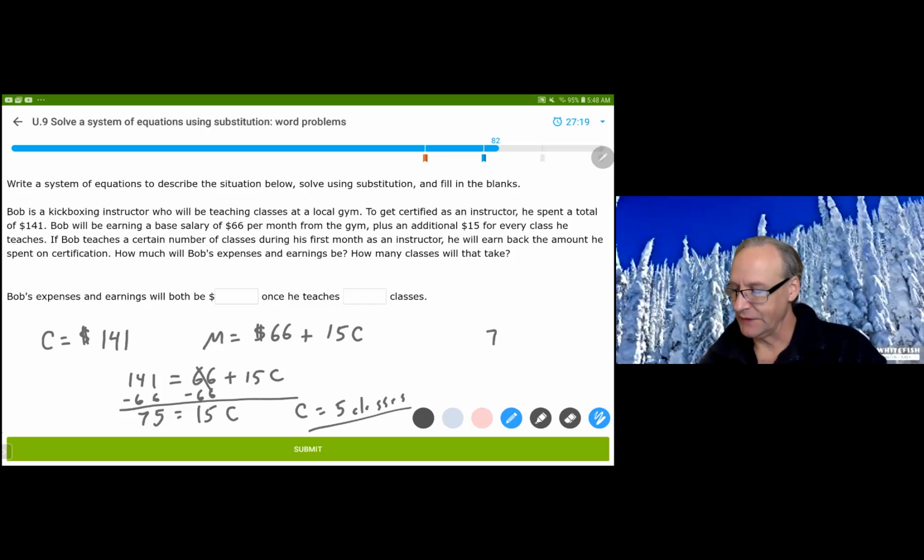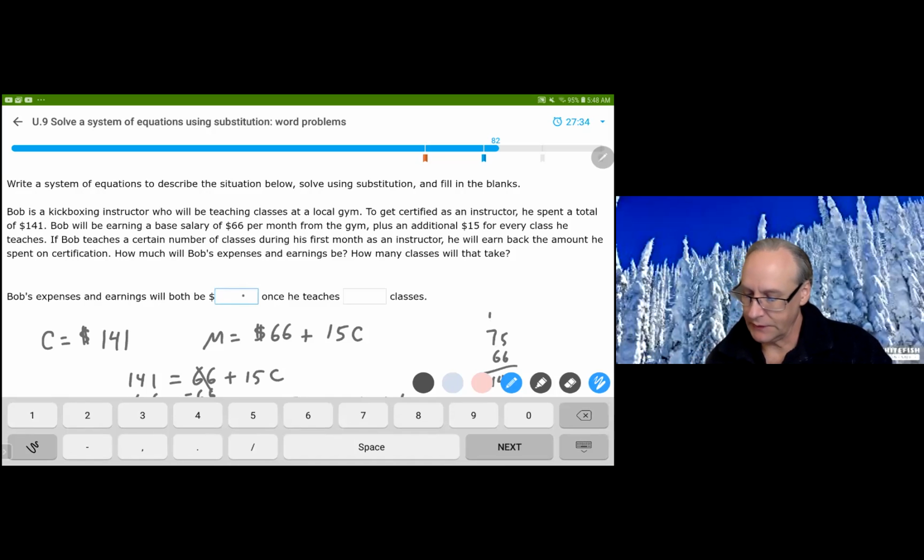Better make sure 75 plus 66 is actually 141. And it sure is, isn't it? So Bob's expenses and earnings will both be $141 when he teaches 5 classes. So we want earnings and expenses to be equal. And of course, that's when he actually starts getting paid because he's paid for his certification.